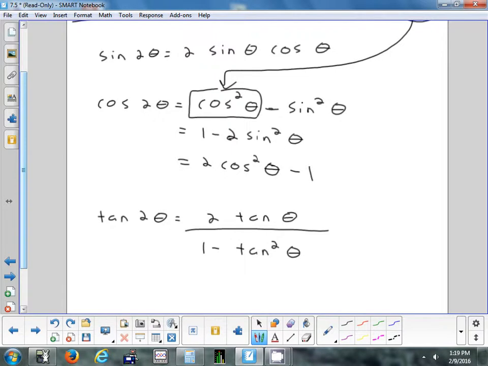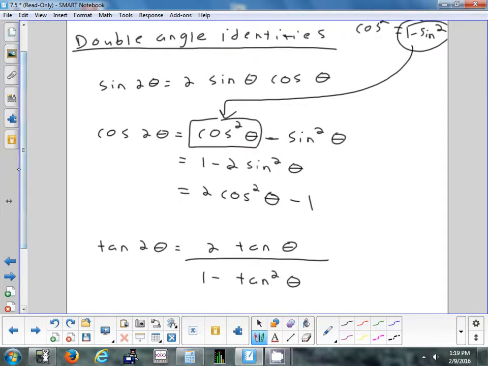For today, I still have a few more formulas, but we're done deriving because they just start to get really complicated. Any questions on the double angle identities? They take an argument that has a 2 in it, and they get rid of the 2. It's not always pretty, but they get rid of the 2 for you. And now you just have thetas.